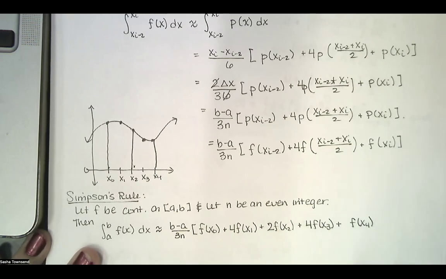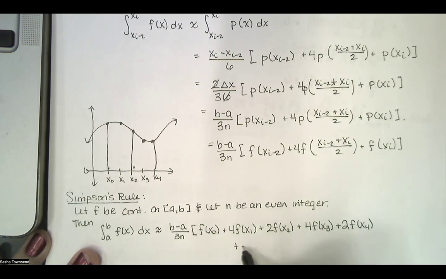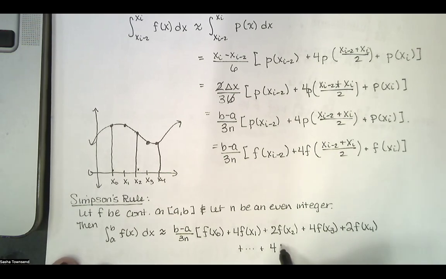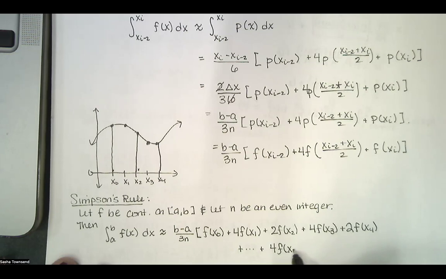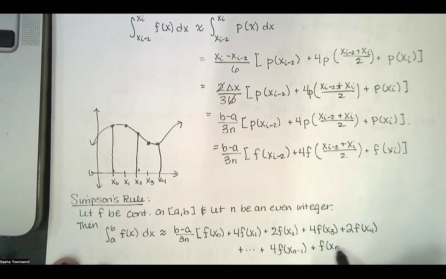And then if there's another interval after that, this will be the end point of the last interval, and then it'll be the beginning point of the next one. So I'll have a 2 times that, and we'll keep going. And then the last one will be a 4 times f of x sub n minus 1, and then the last one will just be f of x sub n.